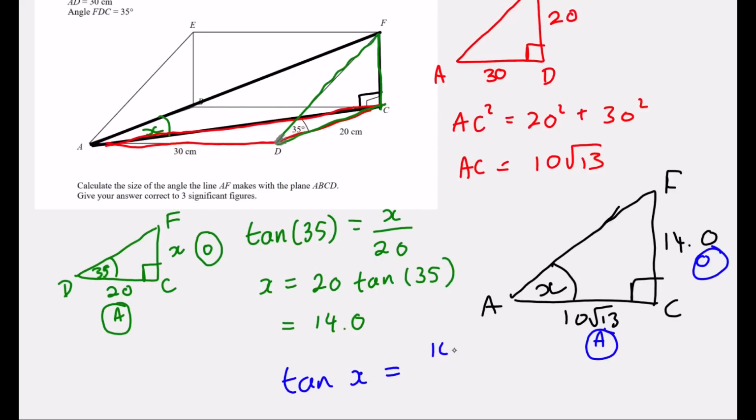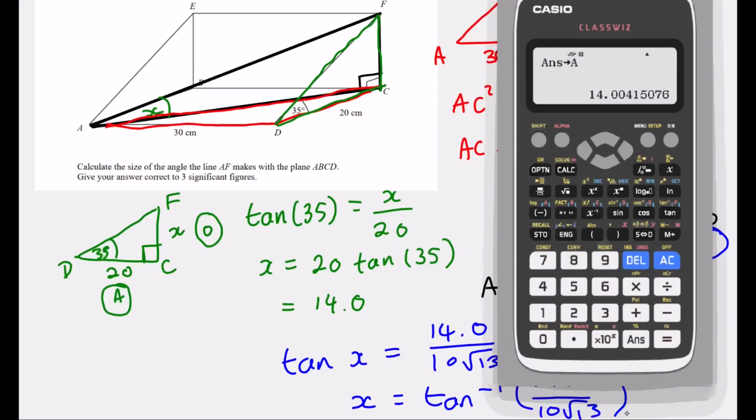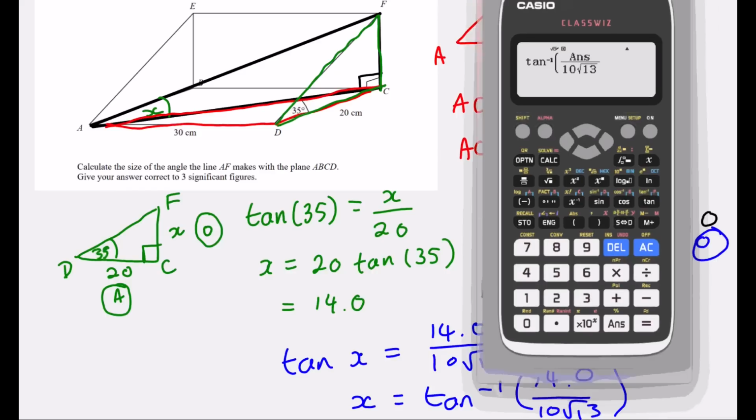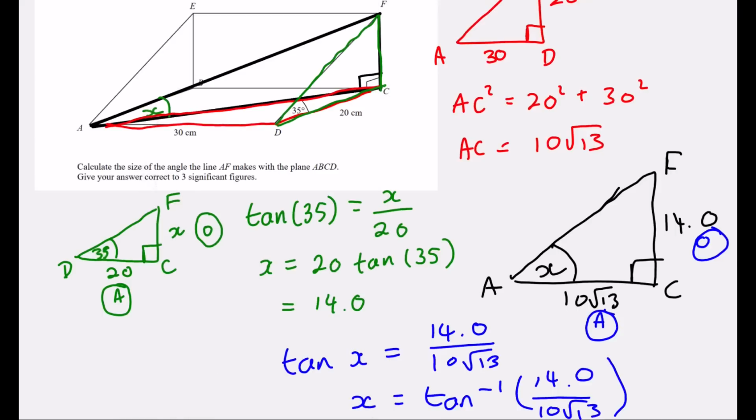So tan x is TOA, opposite over adjacent. And we're going to shift tan to find our answer. I'll do it in one step. So shift tan, answer, which is 14.0 over 10 square root 13, which was A to C. Press equals, we get 21.2. So it is 21.2 degrees.